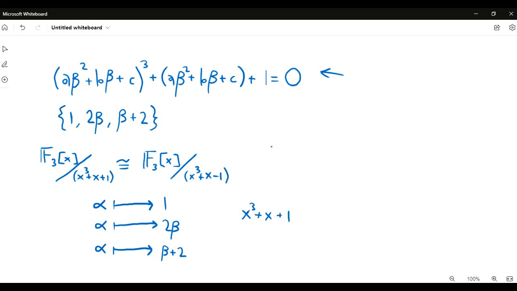And we don't know if this even has any roots in the second field. We know it always has a root in the first field, right? It always has the root alpha. But in the second field, it could have up to 3 roots, or it could have some smaller number of roots, and we don't really know.